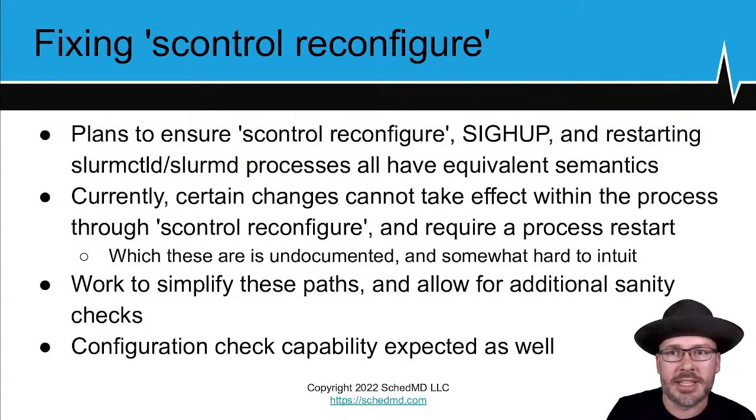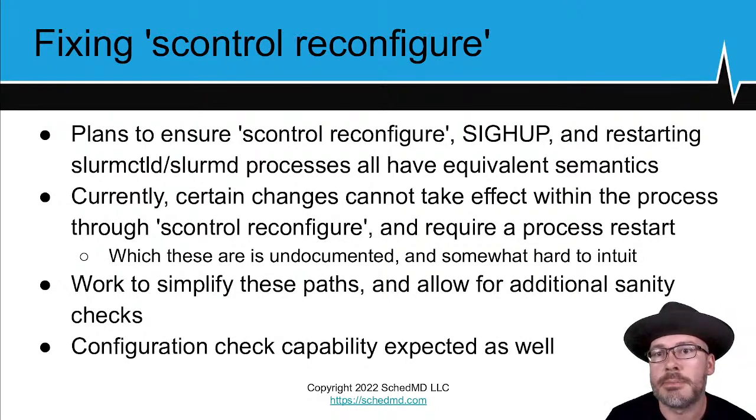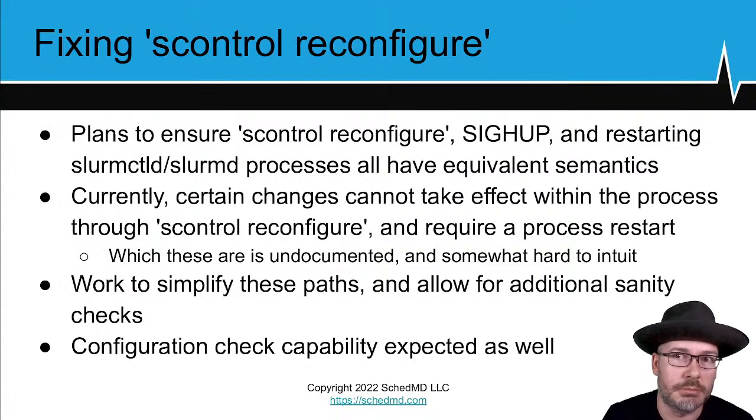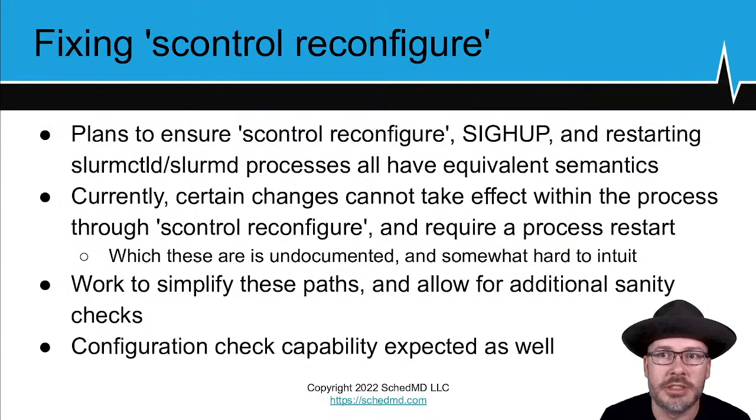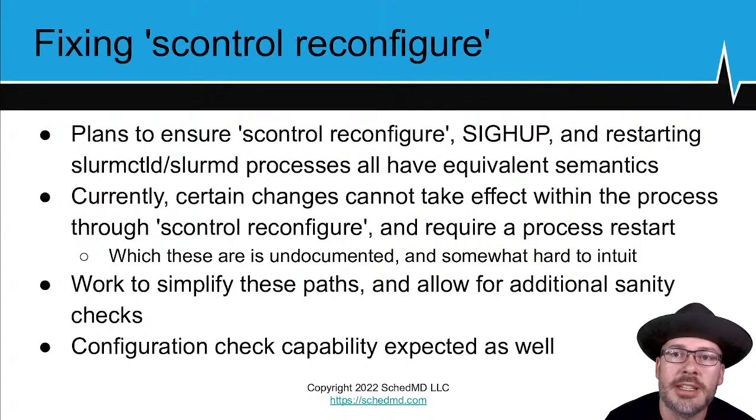That's one of the biggest caveats to date: if you make some sort of relatively innocuous mistake in the configuration file and do an scontrol reconfigure, all of a sudden the slurmd processes throughout your entire cluster might turn off. They may all print one last fatal warning message into the log file saying, hey, your configuration's not working for me, I can't continue starting up.